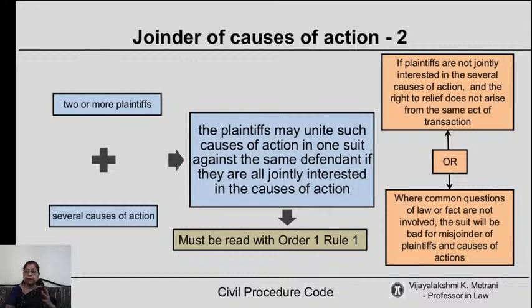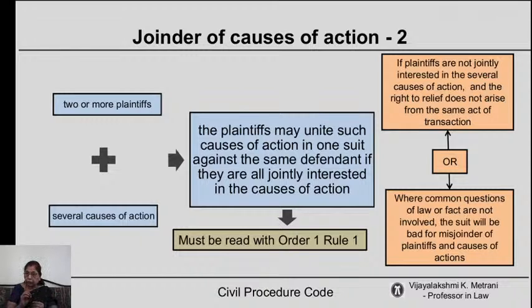It may be that he is challenging his right itself. He says that he has to be allotted the site on some other grounds. The cause of action may be the same, meaning the demand for money must have been made at that particular time, but the interest in that suit is different. They are not jointly interested.